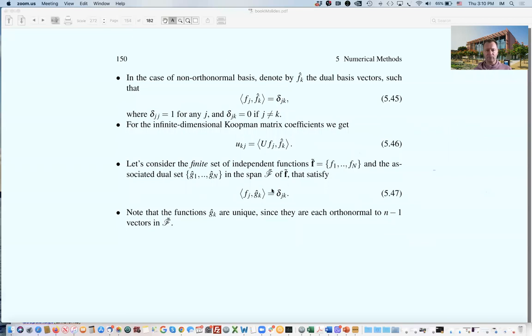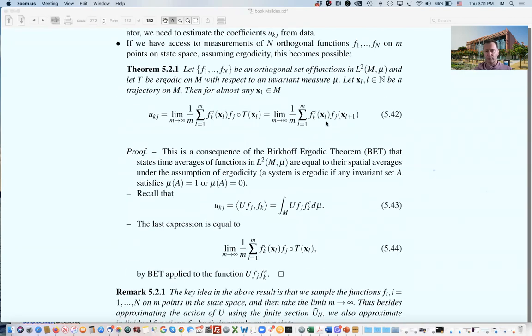Now this inner product is defined with respect to an invariant measure again. So that would require us to integrate something in potentially a very high dimensional space. And we don't want that. We want sampling. This is why this result is so potent, right?